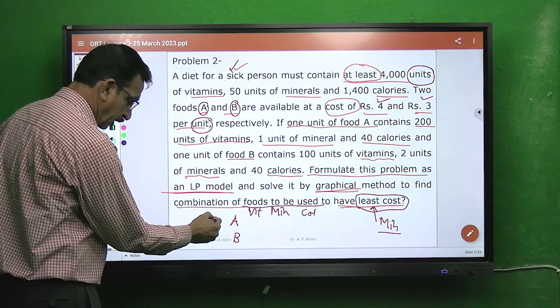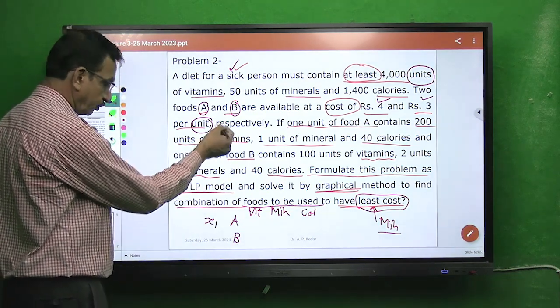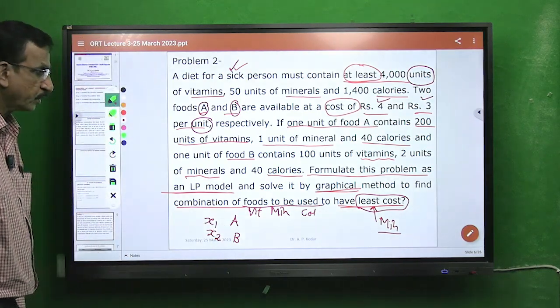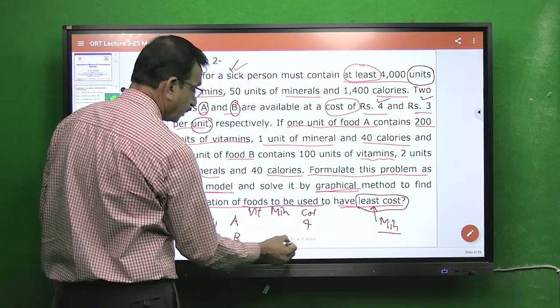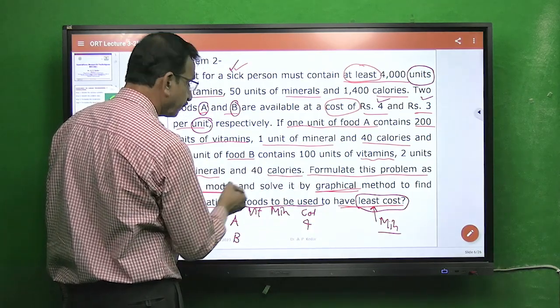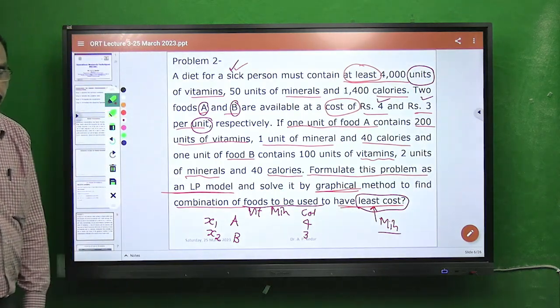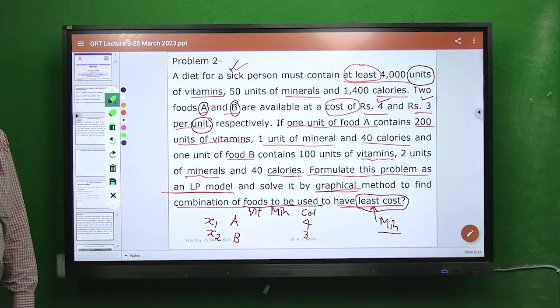So assume x1 is the number of units of food A, x2 the number of units of food B. Cost associated with A is 4, cost associated with B is 3. So my objective function for this problem is decided.